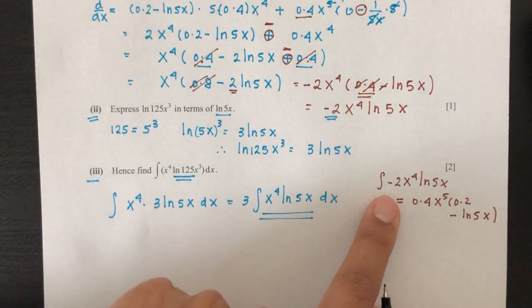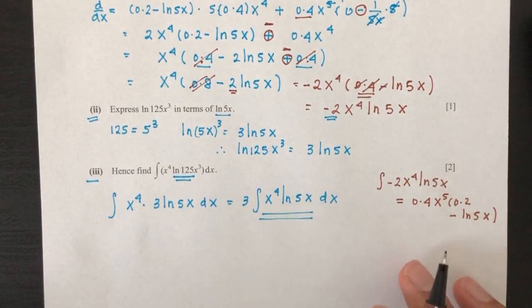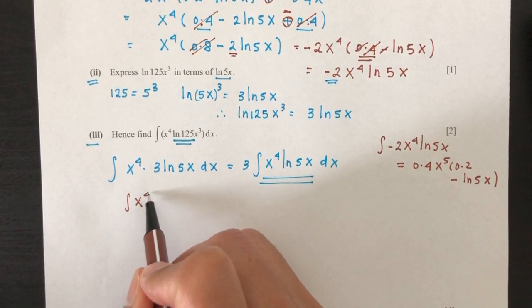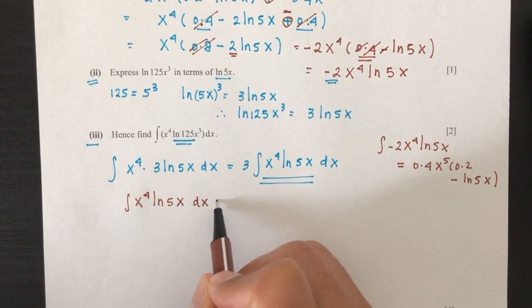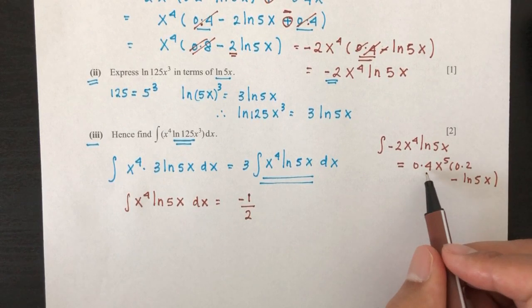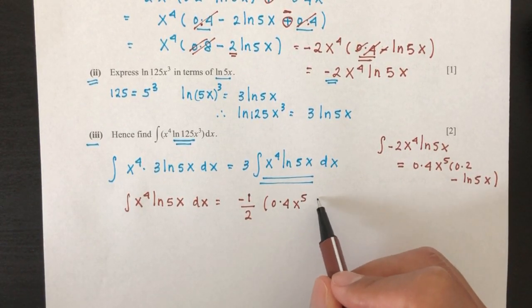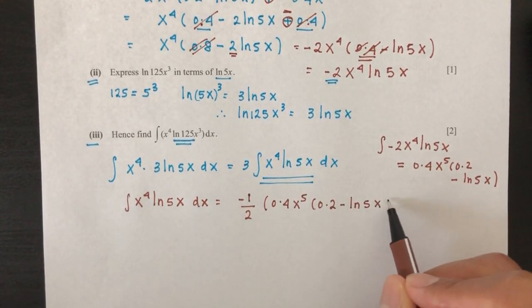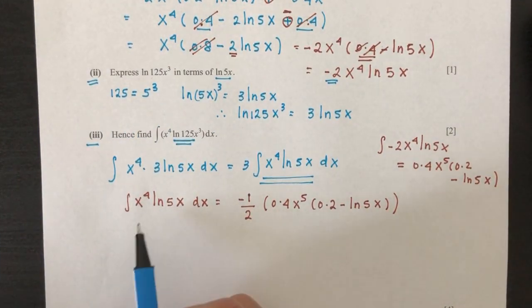Okay, so now the only difference between this and that is the minus 2. So what if you take out the minus 2? Let's see. So what if you have this dx, that will be minus 1 over 2 will go here, right? You will have 0.4 x power 5 times 0.2 minus ln 5x. Now replace this, so we know this now.